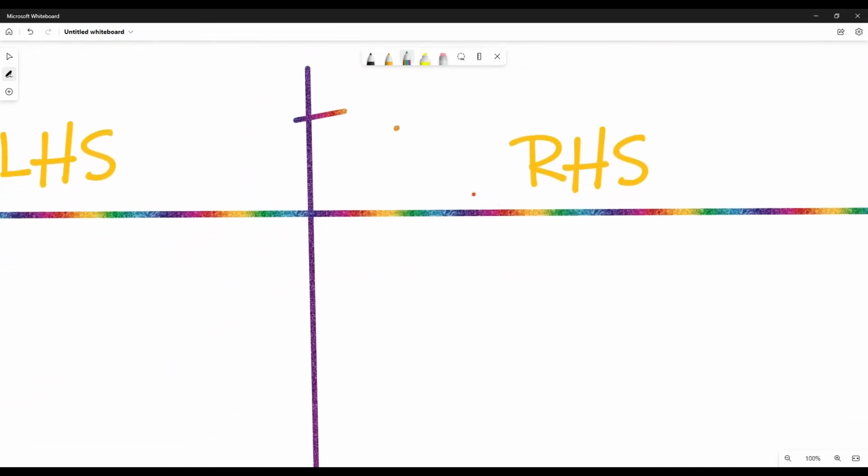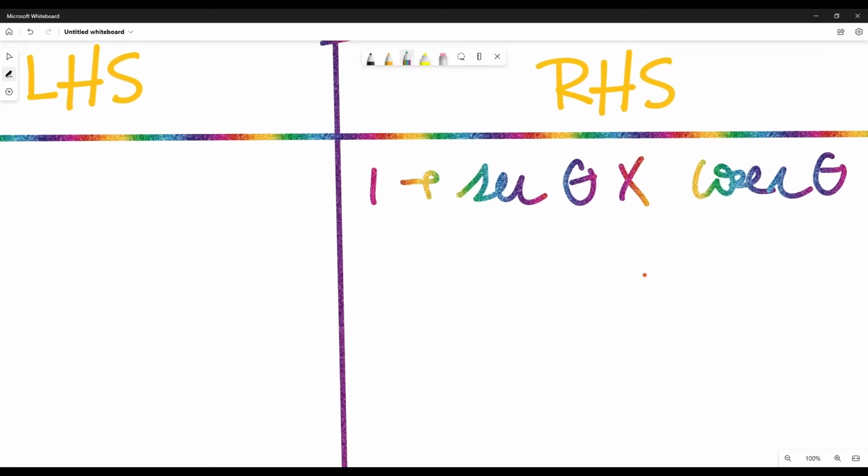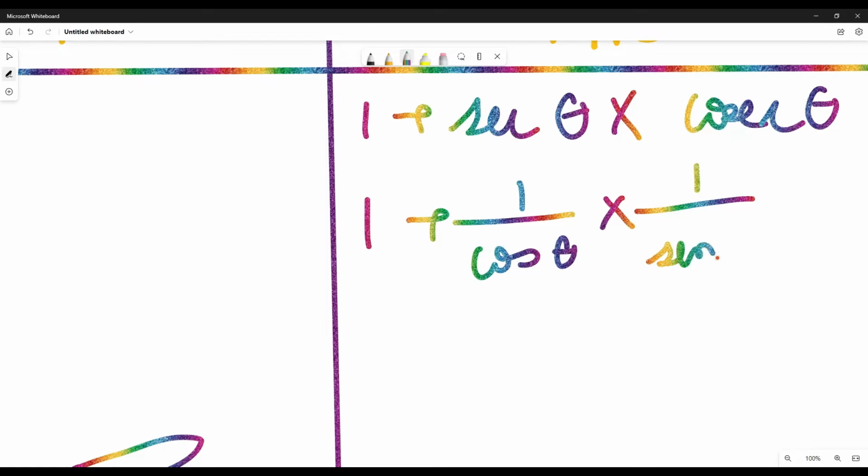Firstly the right hand side, because it is easier to convert, secant theta into cosec theta. We know that secant theta is 1 by cos theta, multiplied by 1 by sine theta.